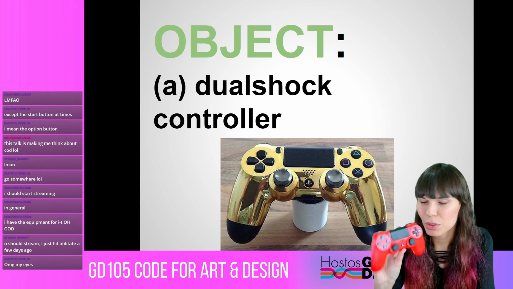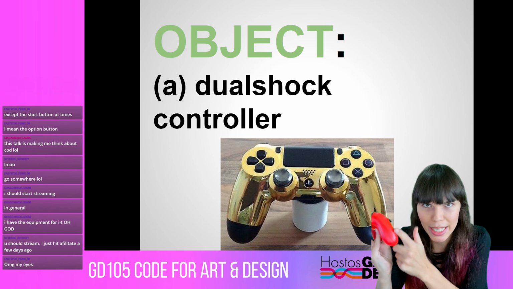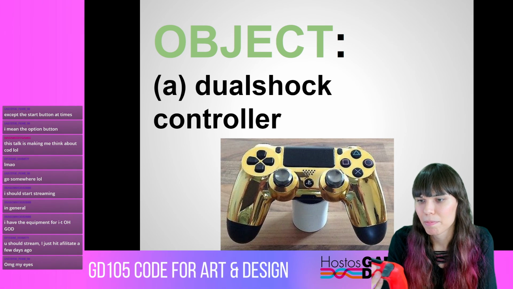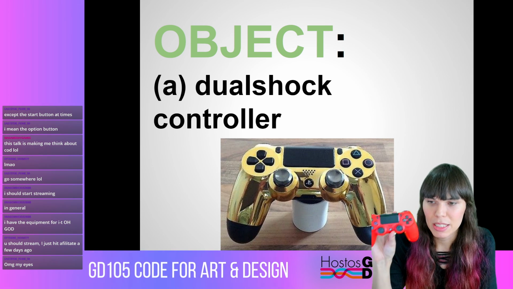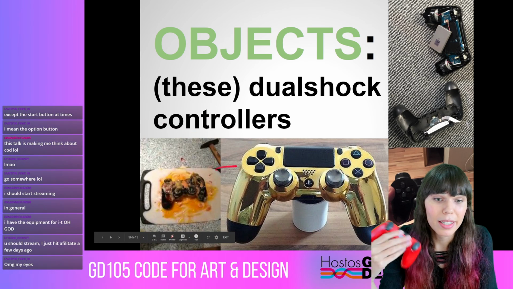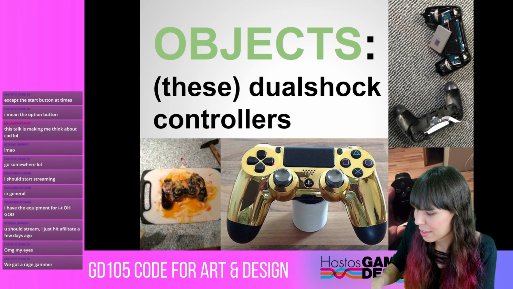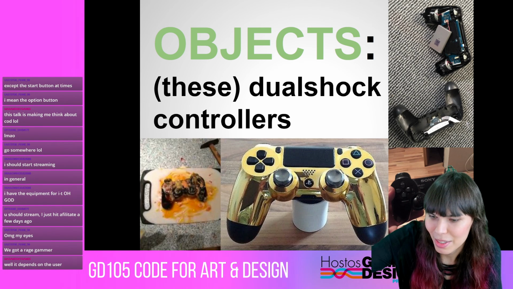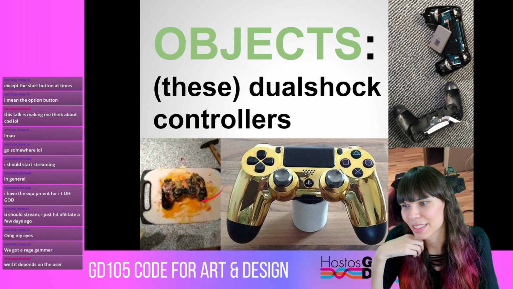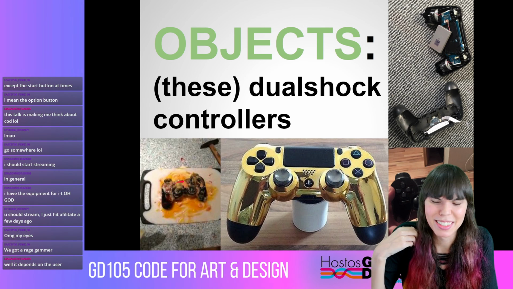And so DualShock controllers don't all have those things in common. They don't all have the same scratch right here. And so that's something that's specific to this one. And so these are other objects, examples of DualShock controllers. So for instance, we have this one covered in, I don't know what that is.